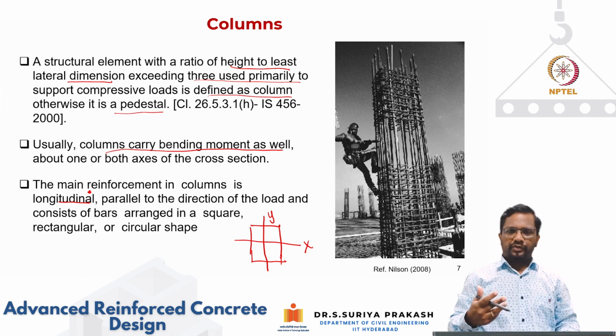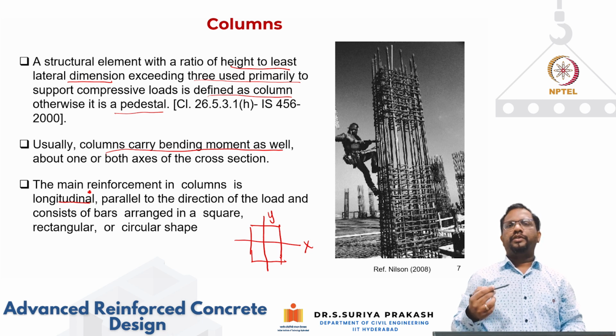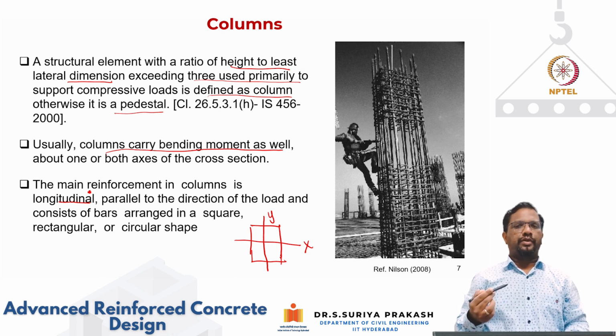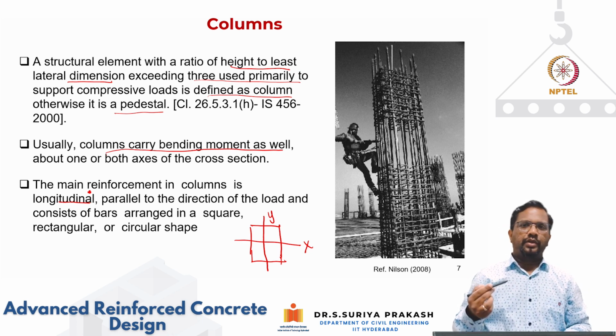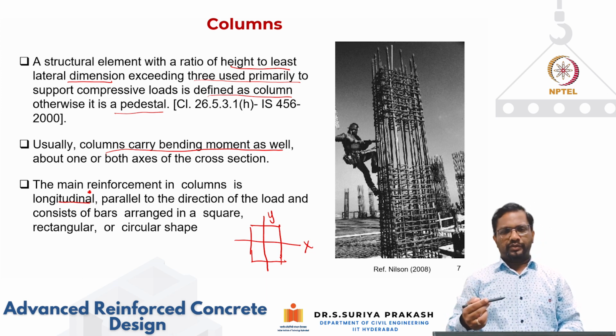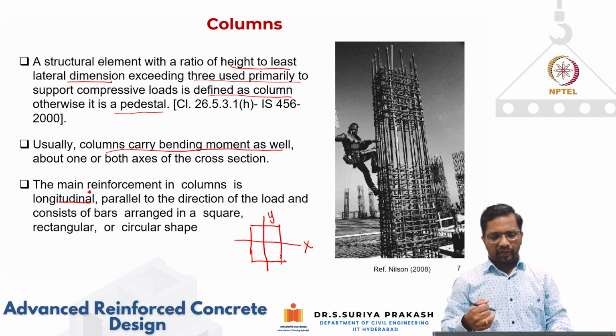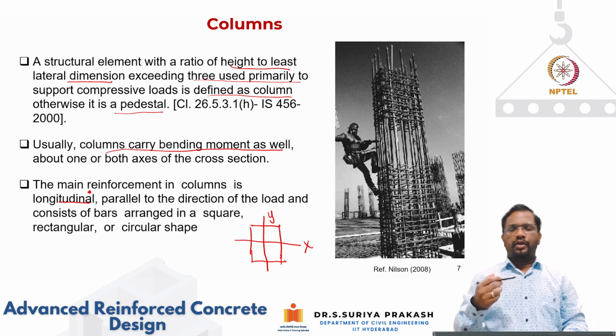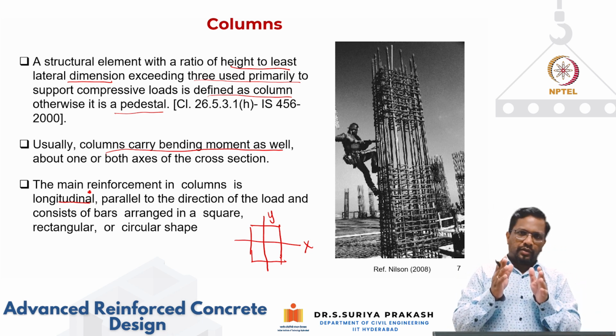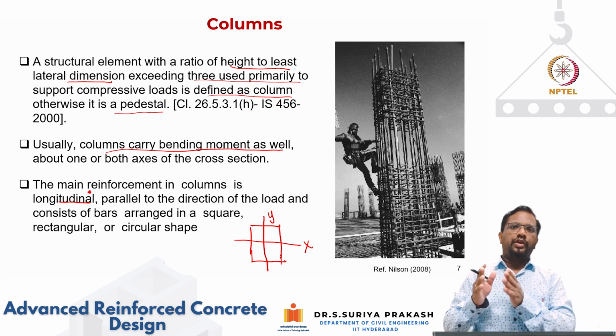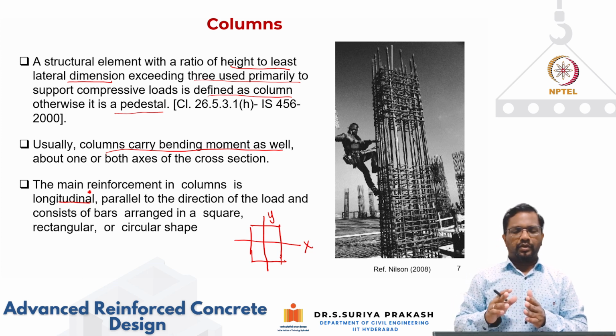In an under reinforced section, we know that concrete strength will not play a major role in improving the moment resistance. We discussed that in the moment curvature analysis. So what I'm trying to tell here is that the pure bending resistance comes only from reinforcement, especially in a column.